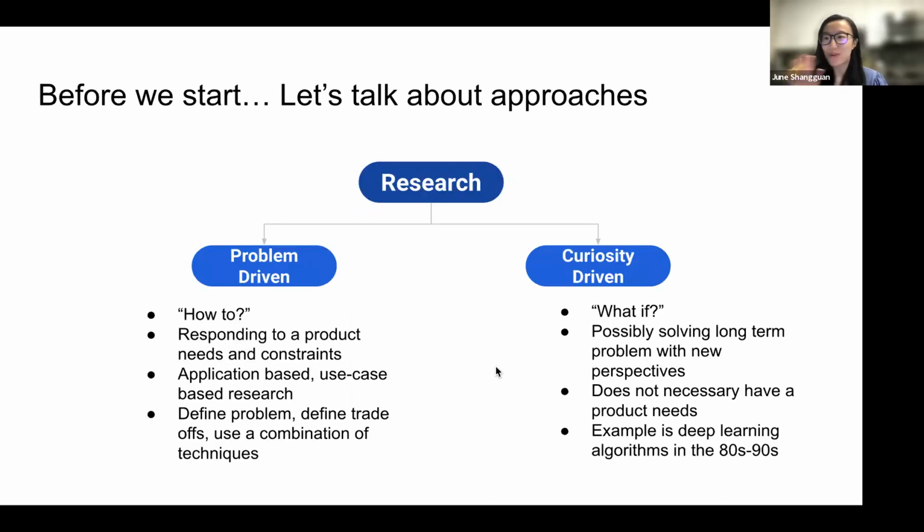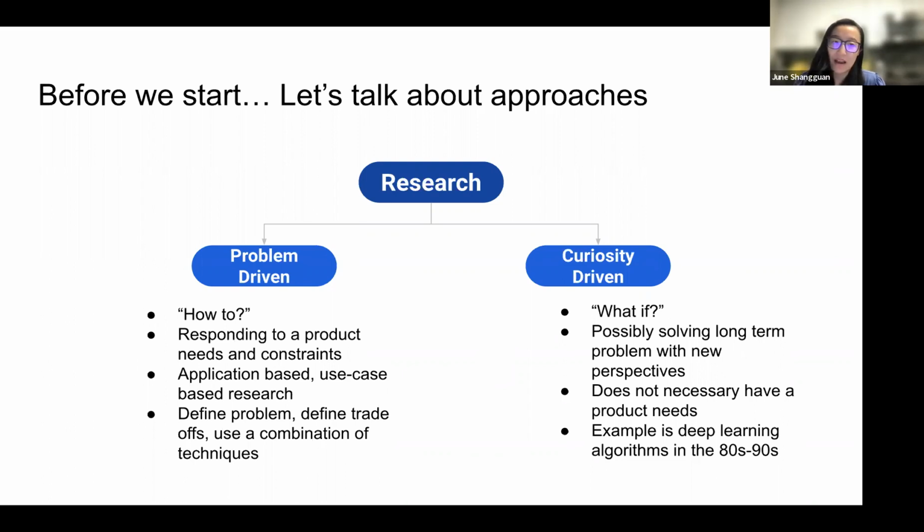Before we even start, I only recently understood this about myself: in general, you want to figure out if you are a curiosity-driven researcher or a problem-driven researcher. A lot of us are curiosity-driven, which means you're asking the question, what if? And you're possibly solving a very long-term problem that may not have a need at this moment. An example is deep learning in the 1980s, 1990s.